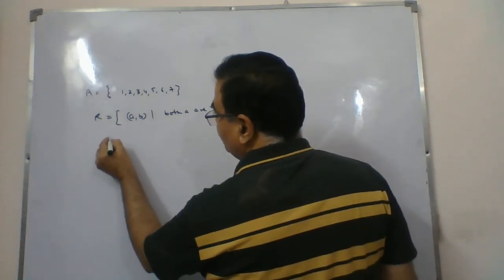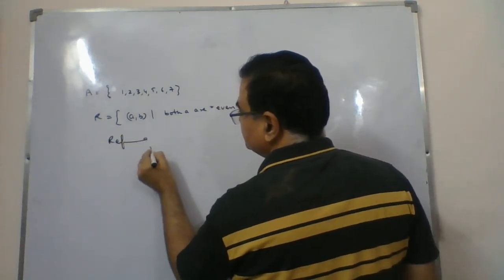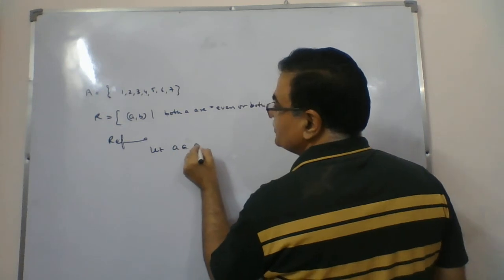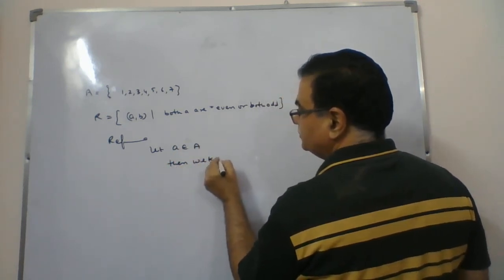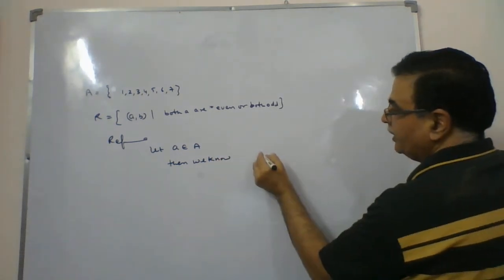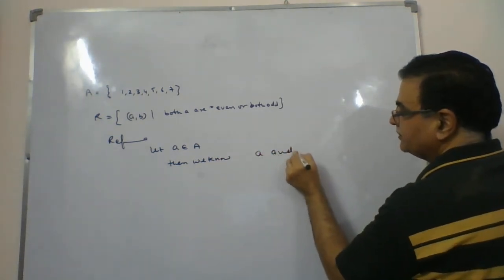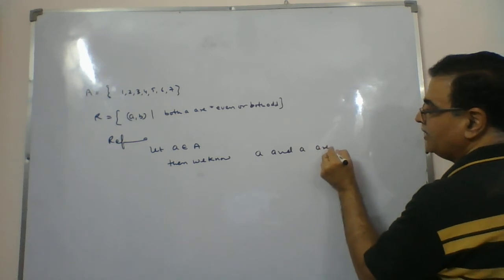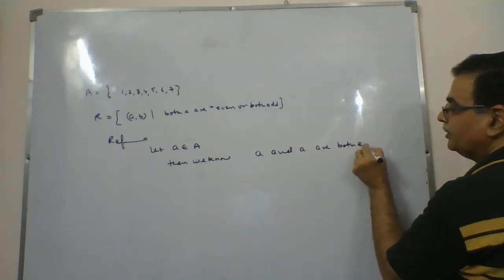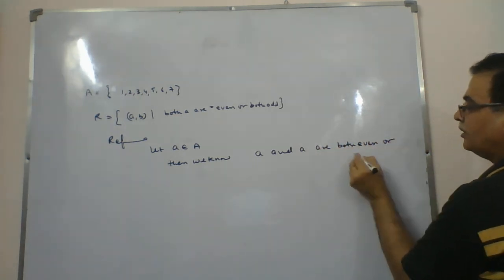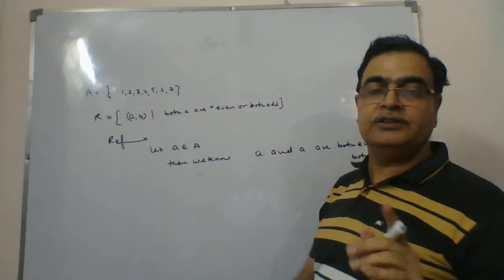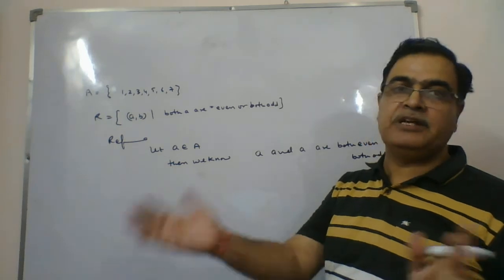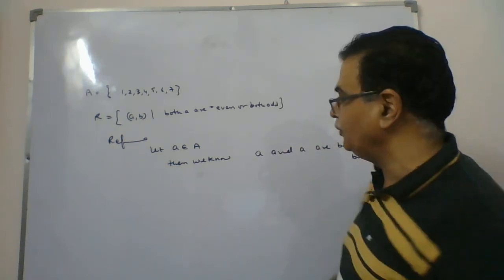First we go for reflexive. So let A belong to set A. Then we know A and A are both even or both odd. Whatever number A you have taken, if compared with A, both will be even or both will be odd.